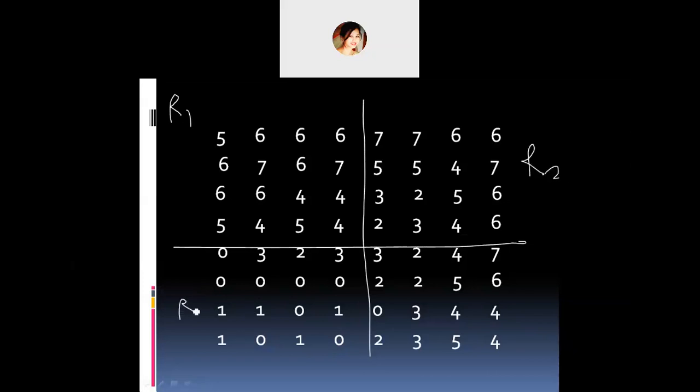So R1, R2, R3 and R4. So this region is divided into 4 equal segments or quadrants. The first quadrant is named R1, second is R2, third is R3, fourth is R4.